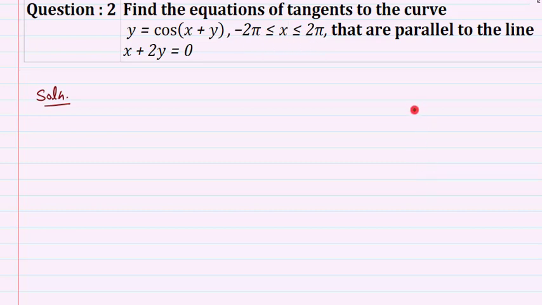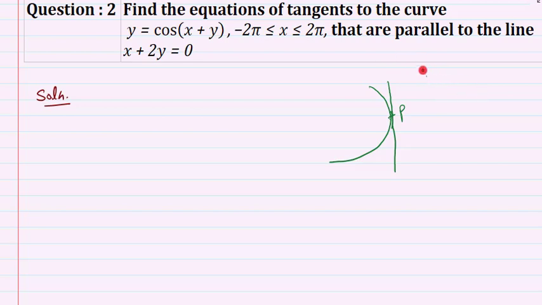So for this let me draw the curve first of all. This is the curve y is equal to cos(x plus y), which is given to us. We need to calculate the equation of the tangent. Let me draw the tangent to the curve. This is the tangent to the curve at any point P, and a line is given which is parallel to this tangent.